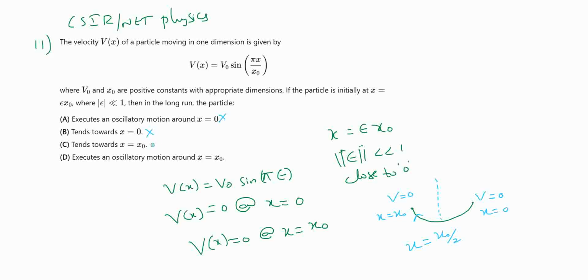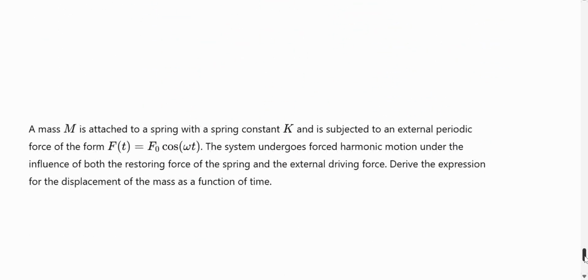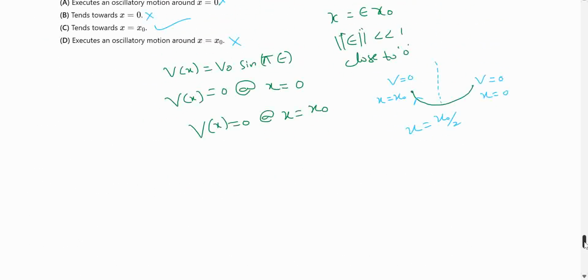So this is the correct option. Also, it is not executing oscillatory motion around x equal to x naught, we have seen that it is executing oscillatory motion around x naught by 2. So this is also wrong. So we have 11.